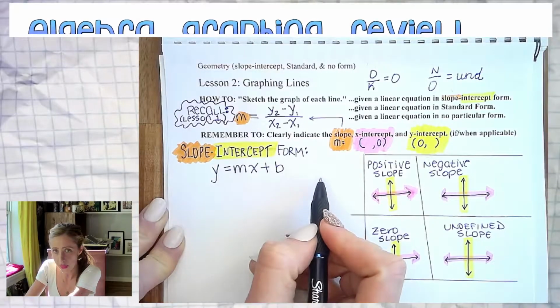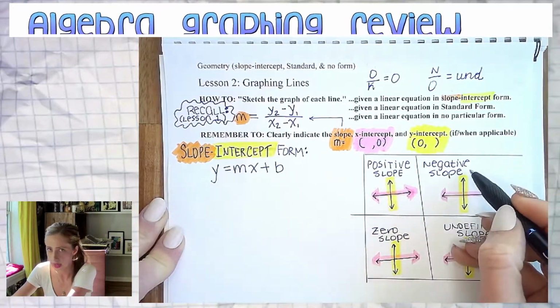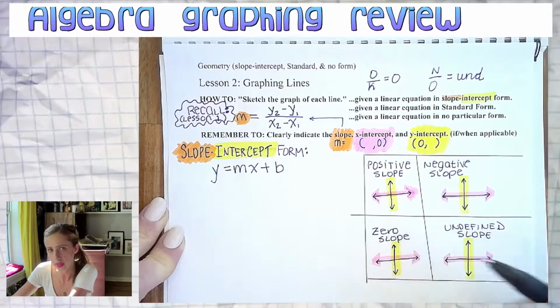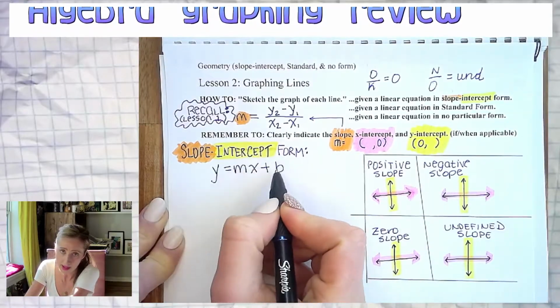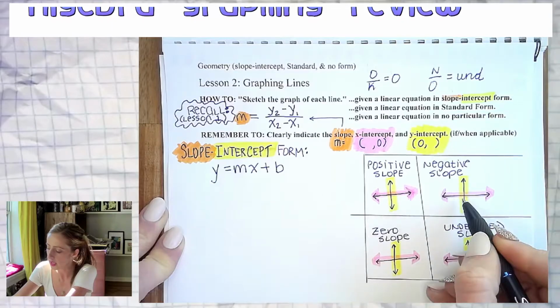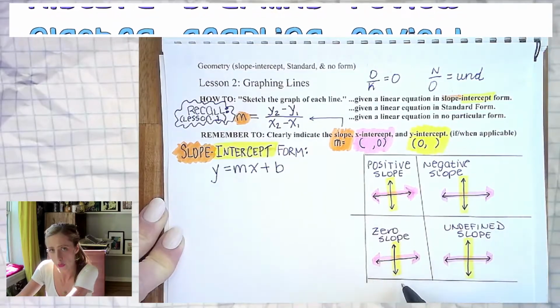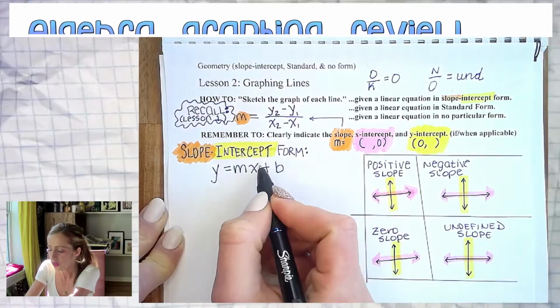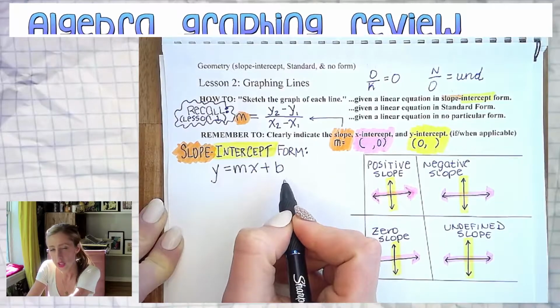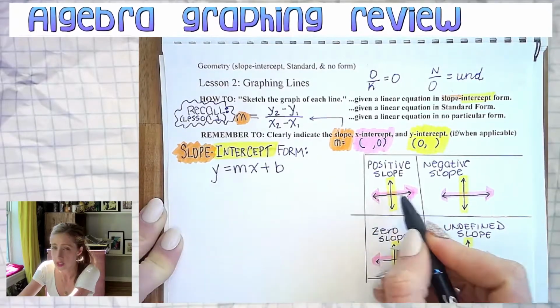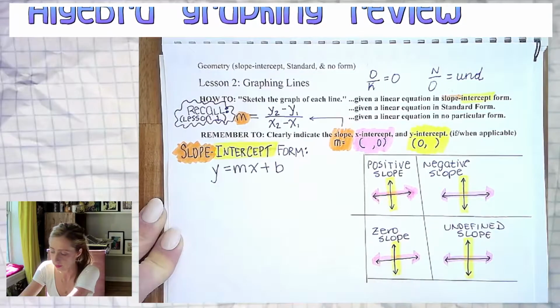If it's plus something, that means you have a positive y-intercept, so it's going to be above the x-axis. And if you have minus a number, then you have a negative y-intercept, and that means it's below the x-axis. If you don't have anything here, that just means that your y-intercept is 0, or the origin.